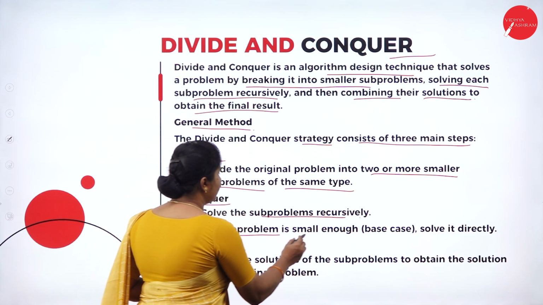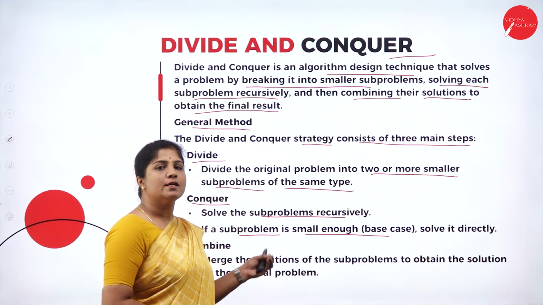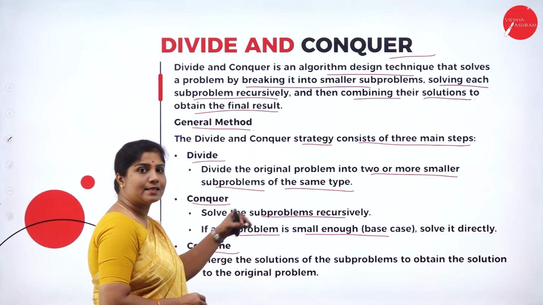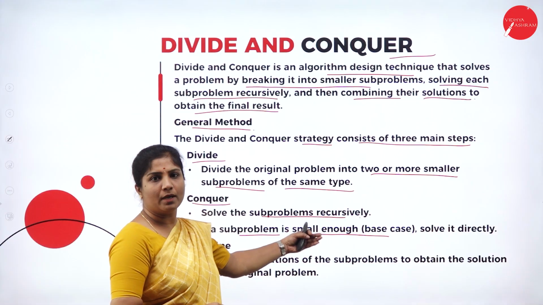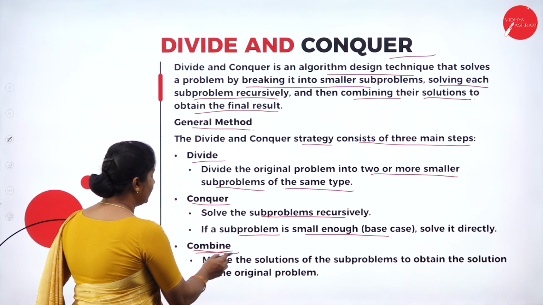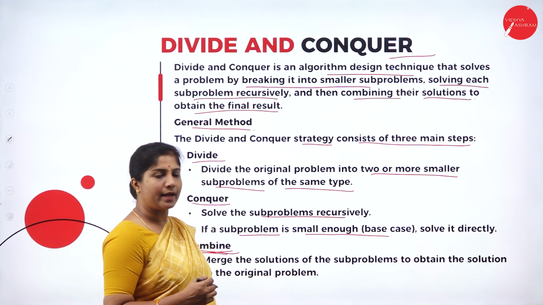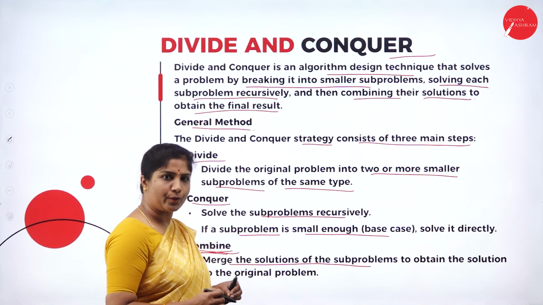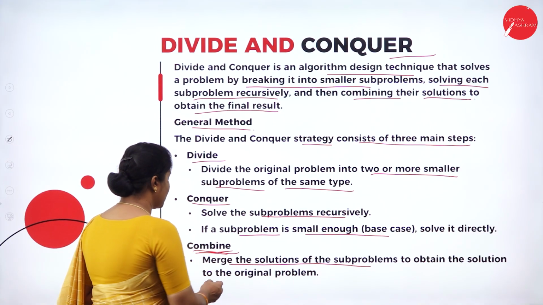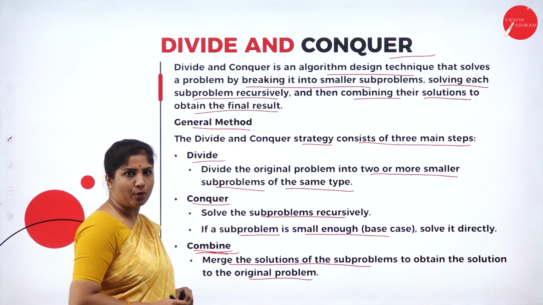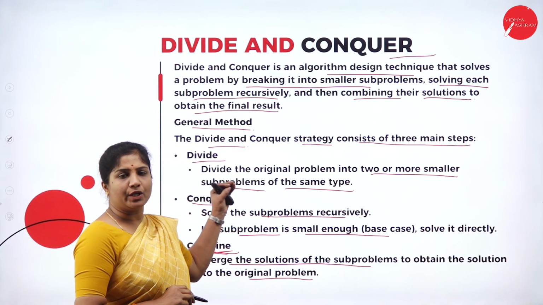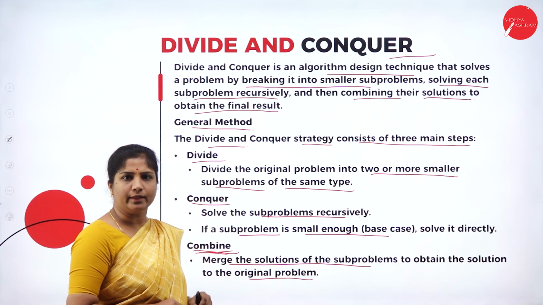If a subproblem is small enough, then solve it directly. After getting the solutions to the subproblems, we have the last step, that is combine: that means merge the solutions of the subproblems to obtain the solution to the original problem. So this is the main method we use under the divide and conquer technique.